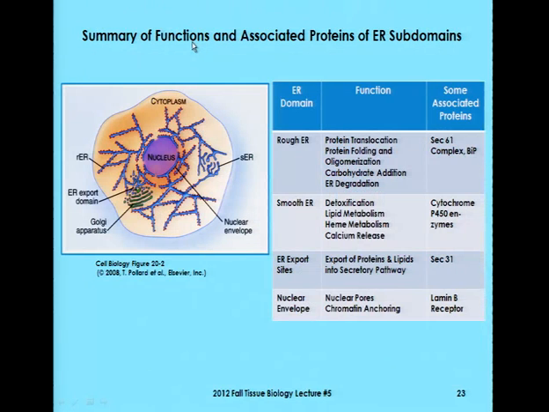This is a summary slide providing us a summary table of the various ER domains and their functions and some important associated proteins. And you need to review this table on your own study time.